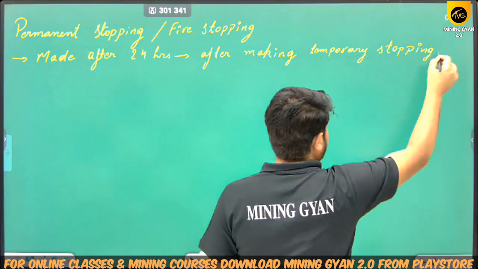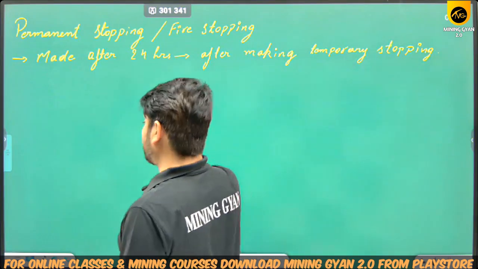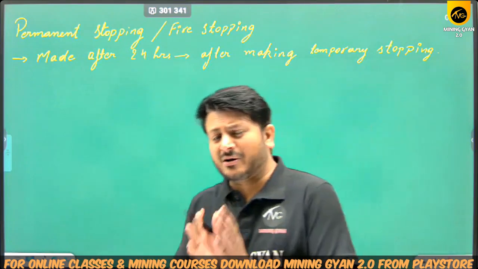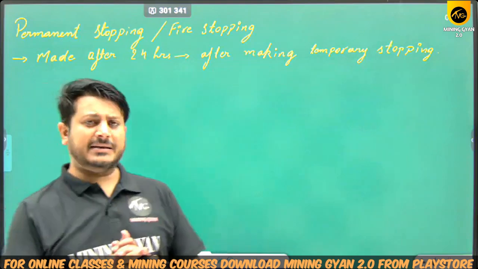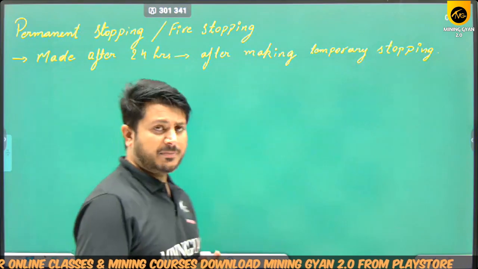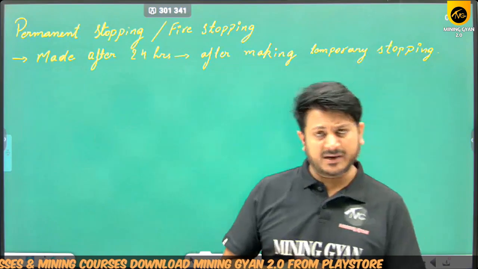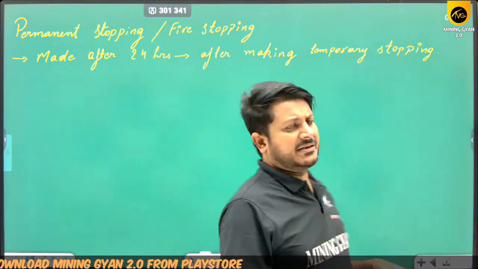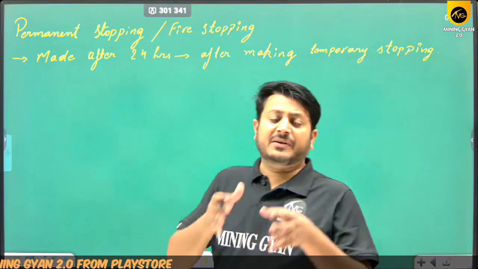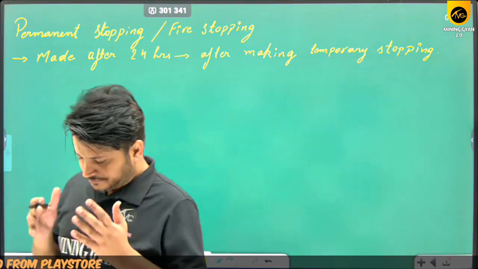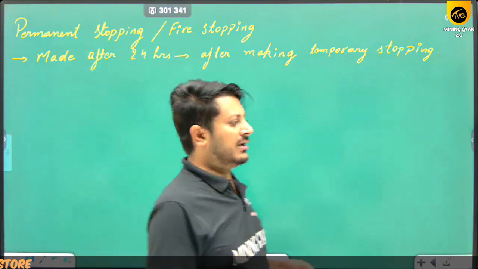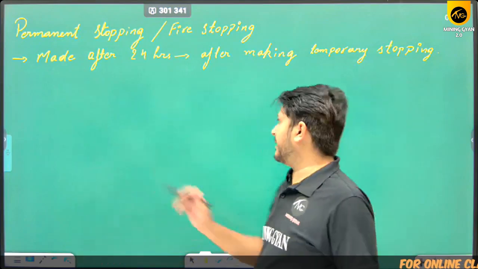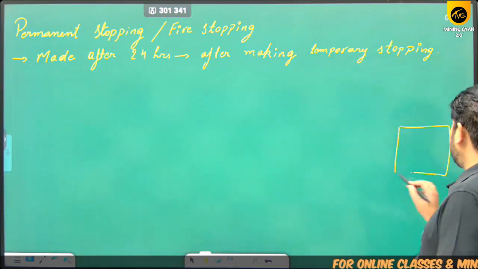Because temporary stopping is a type of emergency stopping. Suppose that in any district there is an explosion or the occurrence of a fire, then in that case the preparatory temporary stopping or the emergency stopping is made by using the sandbags or the cement or whatever material is present, or the bags are filled with the mud or the soil. These sandbags are filled with soil also, and they are stacked one above the other, like this, all over the gallery.